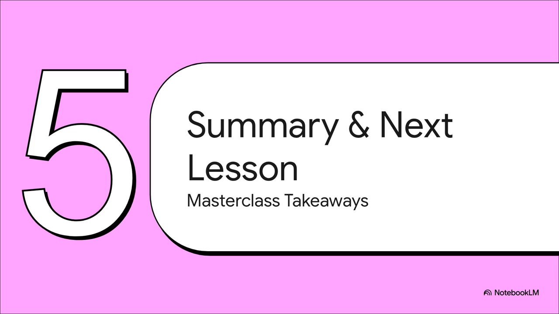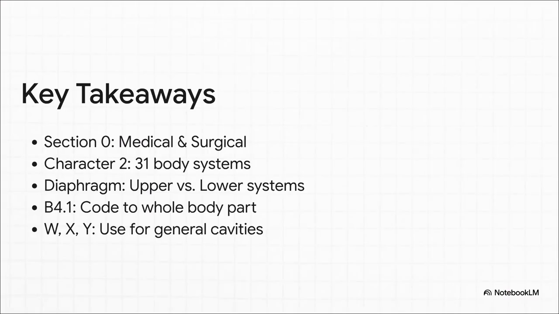Excellent work today! You've just successfully navigated through the intricacies of Character 1 and Character 2 in the medical and surgical section. Let's move to Section 5, Summary and Next Lesson. Okay, let's lock in your masterclass takeaways for today. First, Section 0 is your bedrock. It is the go-to for native medical and surgical procedures.